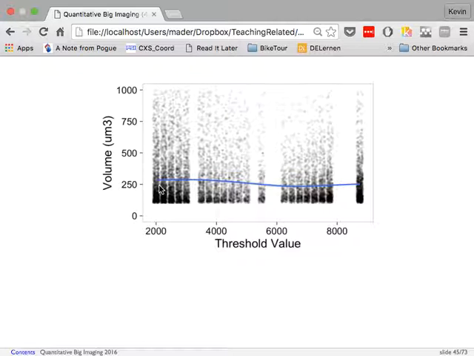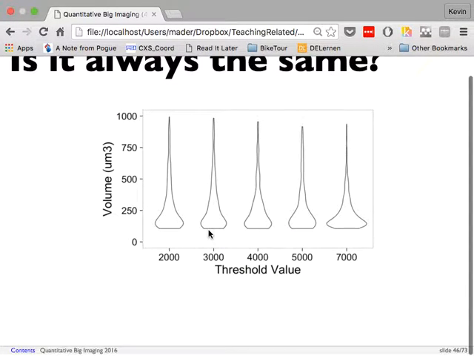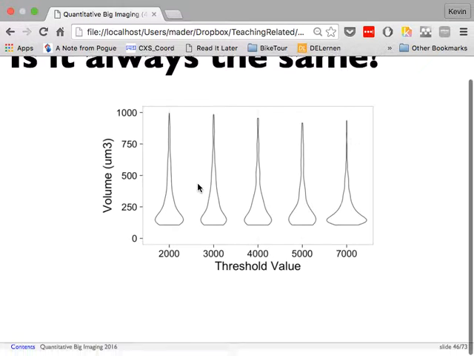Between 2,000 and 8,000, that curve is fairly flat. There are slight variations, but it's not too substantial. Here you see the whole distribution better displayed, and it doesn't change too much. As the threshold gets really high, it starts to compress towards the smaller volumes, but ultimately the differences aren't that big, which means you're not very sensitive to this threshold value.